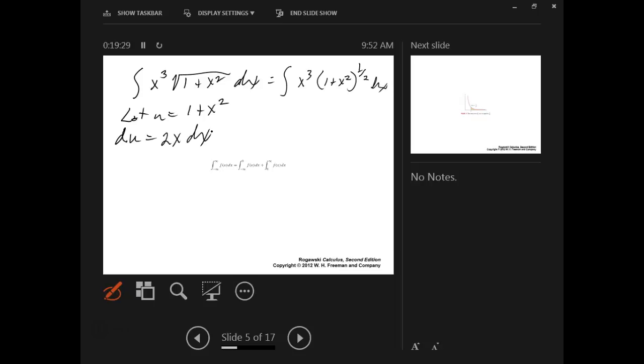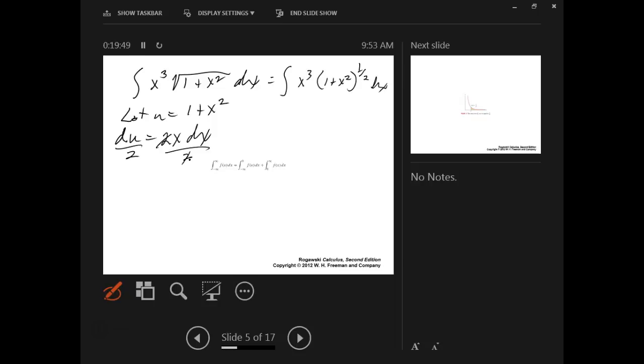Well, number one, we don't want the 2 there, so let's first divide out the 2. That gets rid of that. But we have an x cubed, not an x dx.